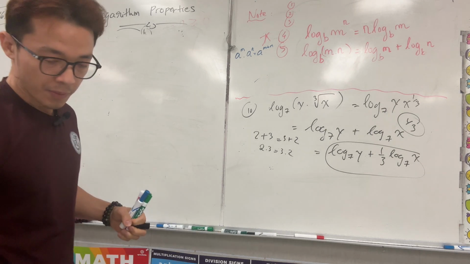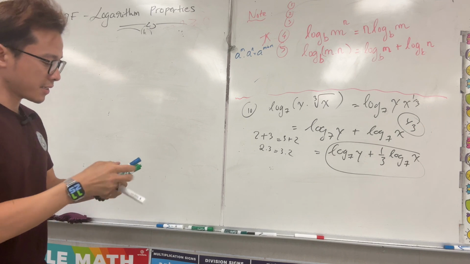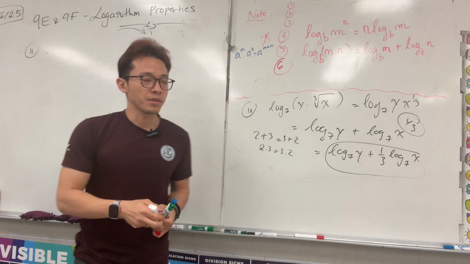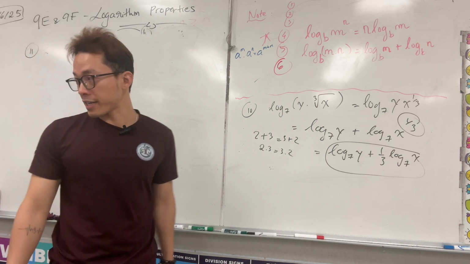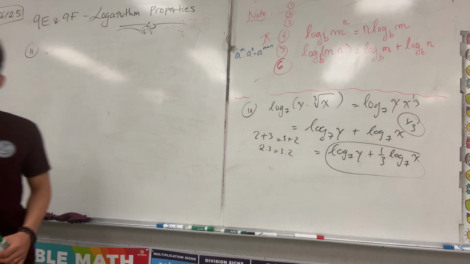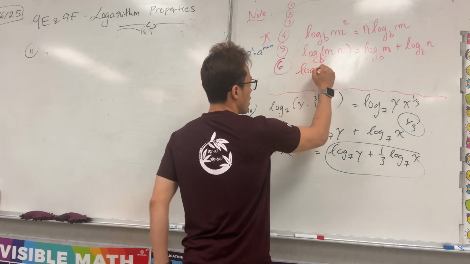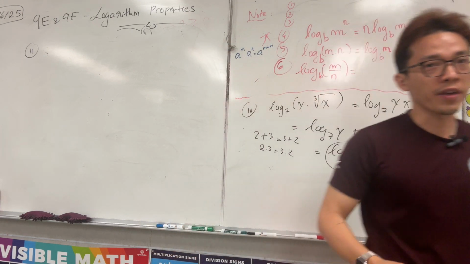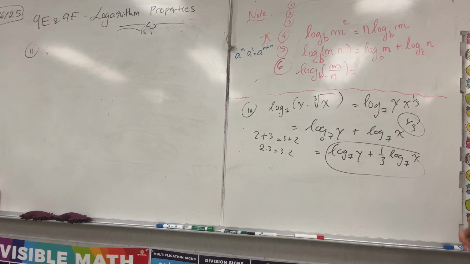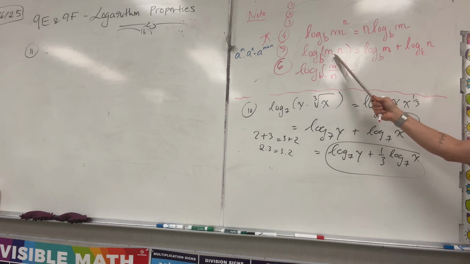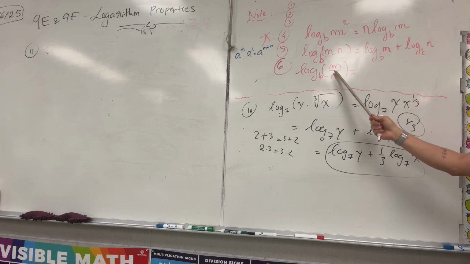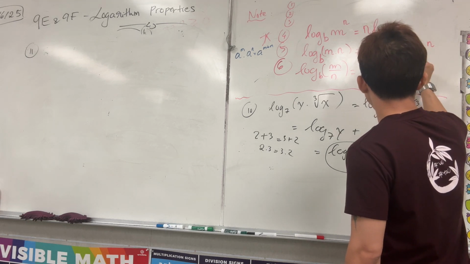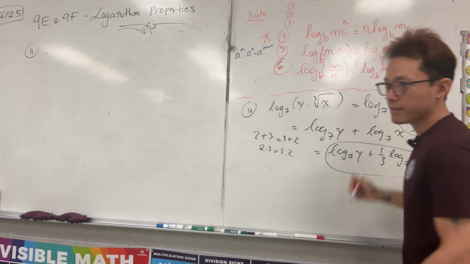Okay, so the next property is, we saw the multiplication already. What do you think is the next one? Division. So log base b of m divided by n equals what do you think? If multiplication is plus, then division is minus. So log base b of m minus log base b of n.